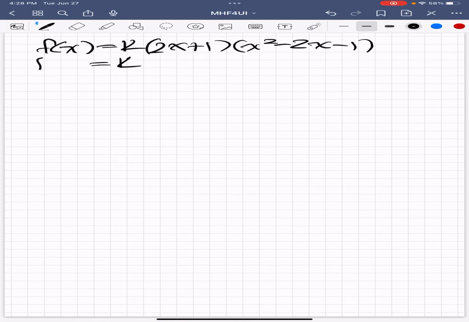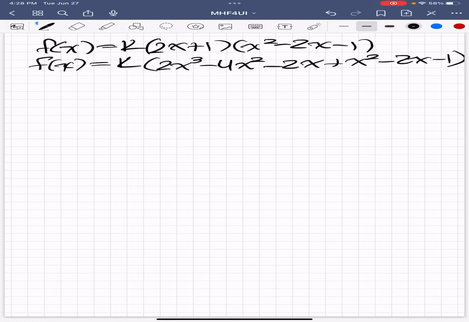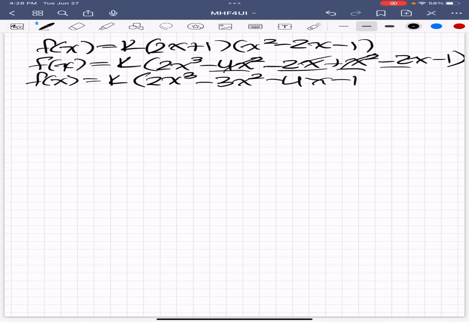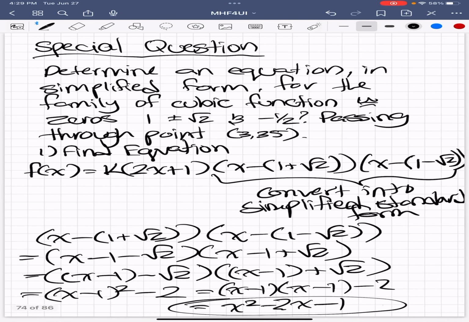We're going to expand out. And then our point is (3, 35).